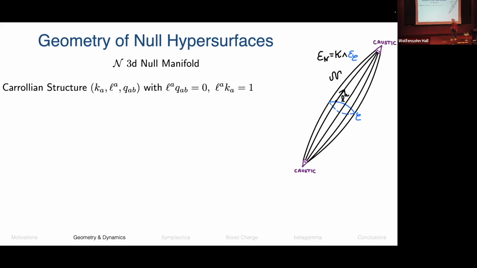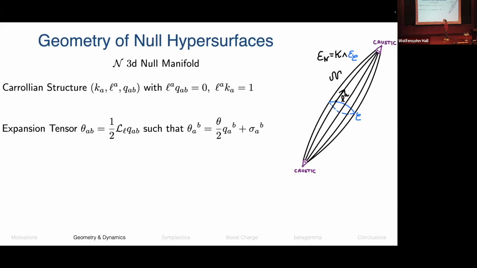That is what enforces the degeneracy of the metric q_AB. Now, in the language of fiber bundles, there is an Ehresmann connection that arises naturally. Here, this Ehresmann connection will be this k one-form that is just defined by the condition that L dot k is equal to 1. Okay, so this defines for me the Carrollian structure.